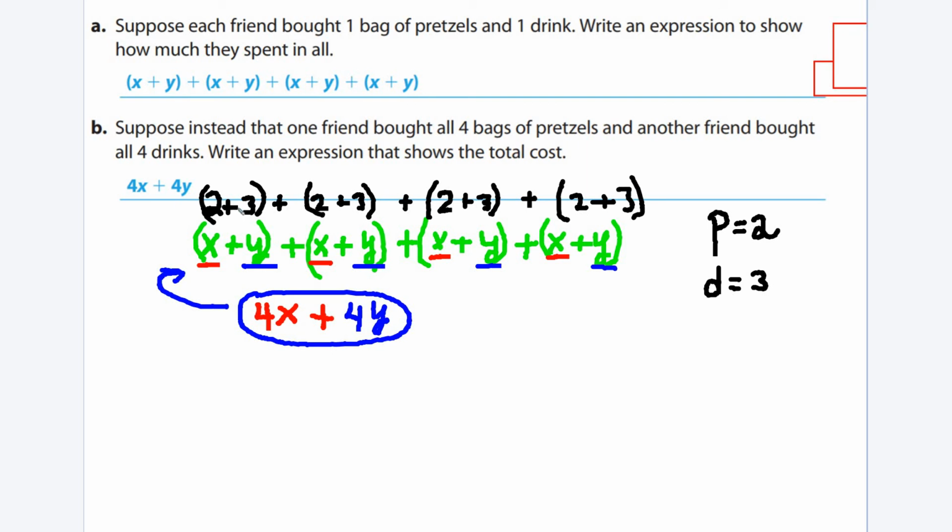So each person spent $5. 5 plus 5 plus 5 plus 5 will give us $20. So in total, they spent $20 if the bag of pretzels is $2 and the drink is $3.